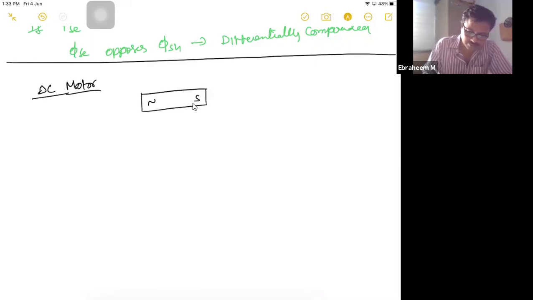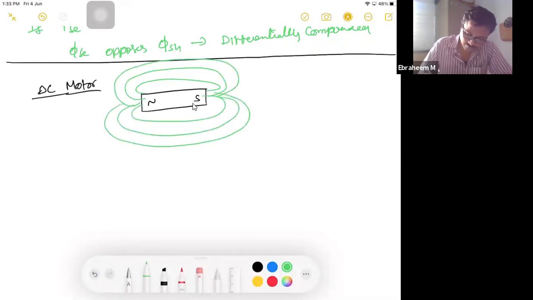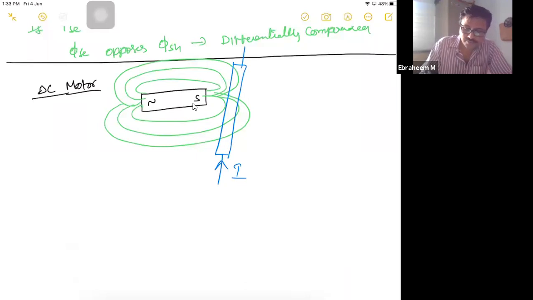Once again I will remind you. Okay. So a current carrying conductor placed in a magnetic field will experience a force.